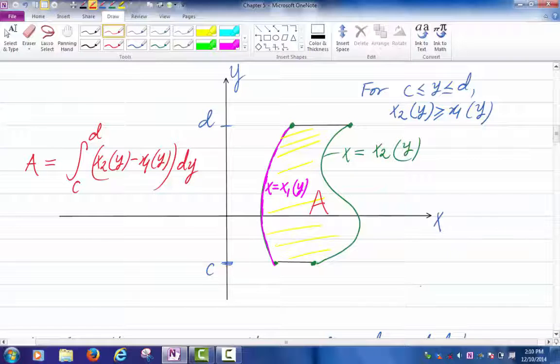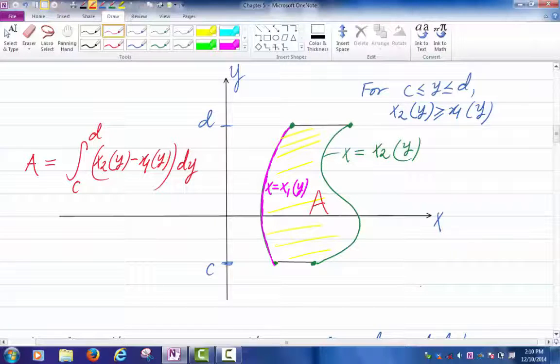Now, the green curve, that's not a function of x, right? The green curve is not a function of x. However, view it this way, it's a function of y. I can view x as a function of y. Realize that? So think about switching the roles of x and y, basically.